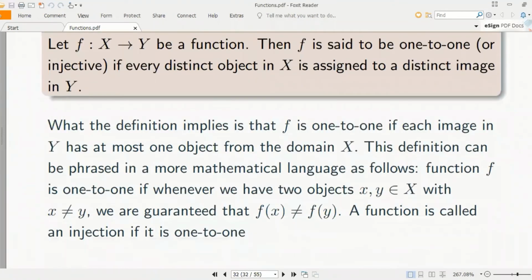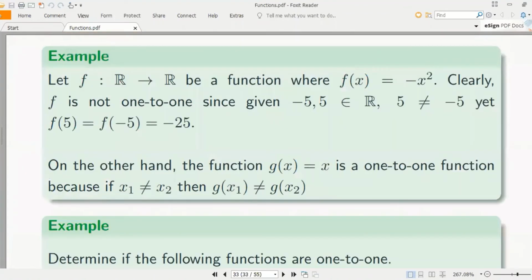So what I want to look at are examples of injective, or one-to-one, functions. Let f assign the real numbers to the real numbers, a function where f of x equals negative x squared. That means the image of x is negative x squared. When x is the input, that is the output. Then the question is: is this a one-to-one function?